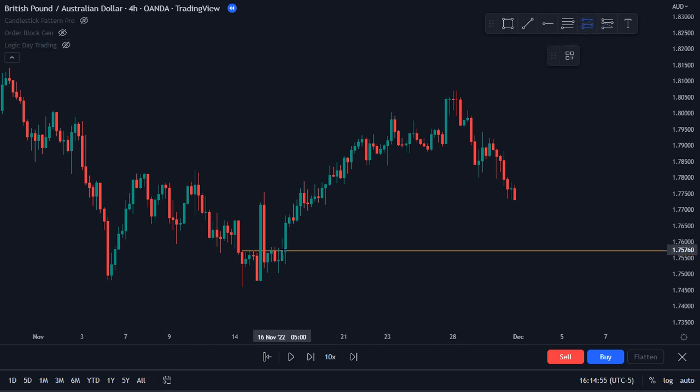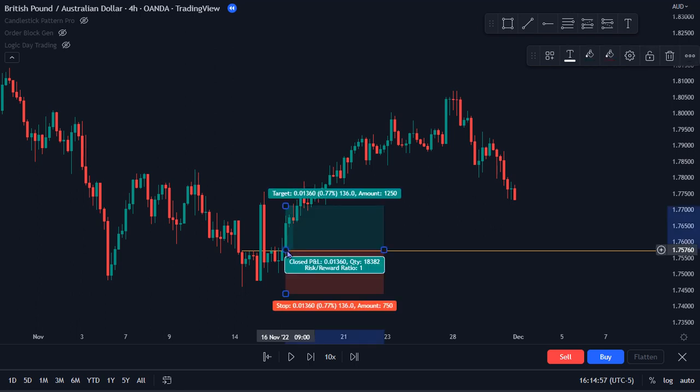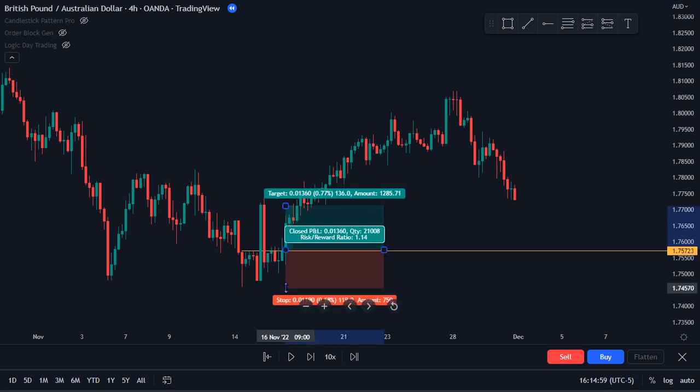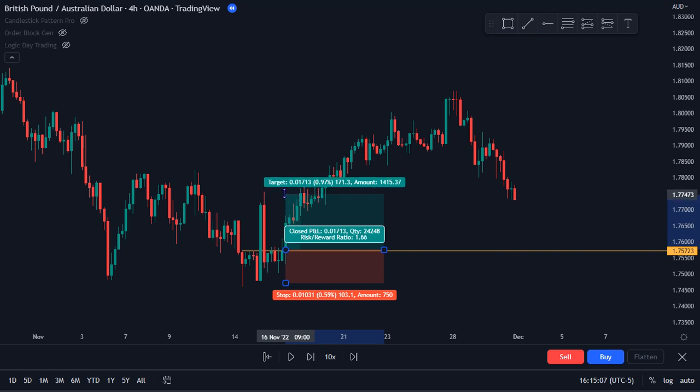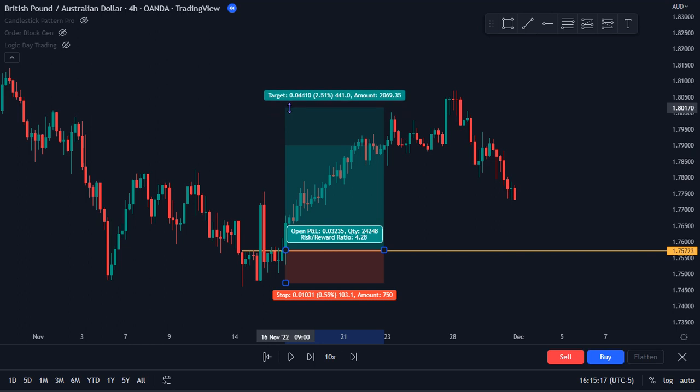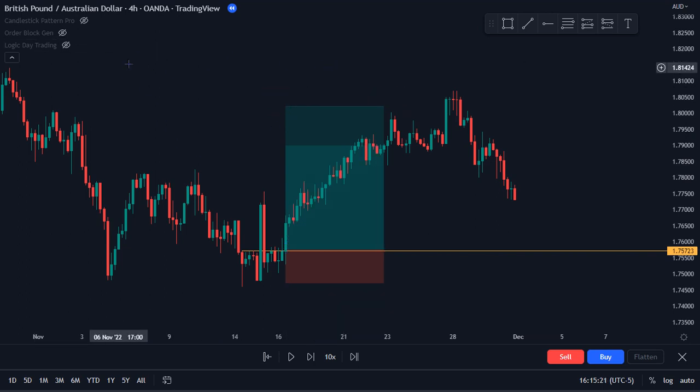Let's say we got in on the top of the 4 hour zone, even though we refined our entries on the lower time frames. We for sure know it's going to take out this high, just under 2 to 1, then taking out this high, 2.5, taking out this next high, 4.3.